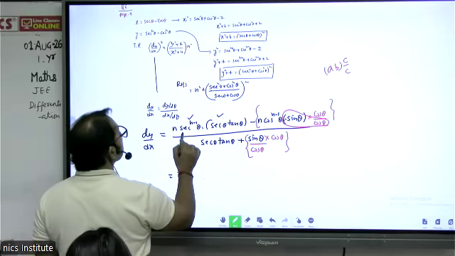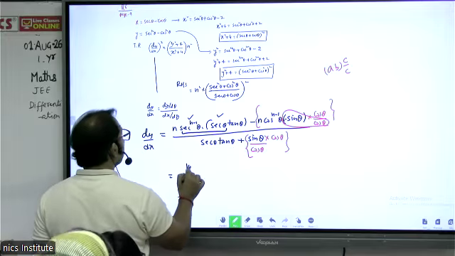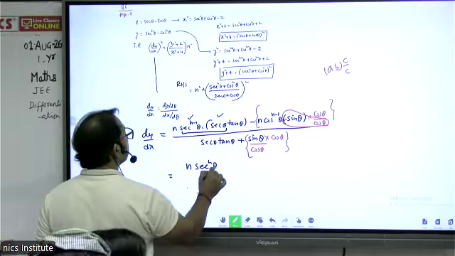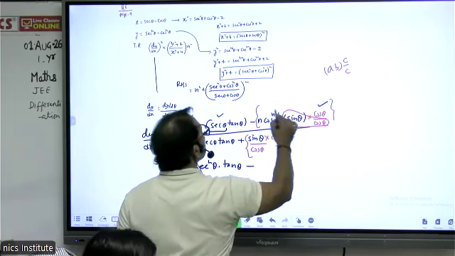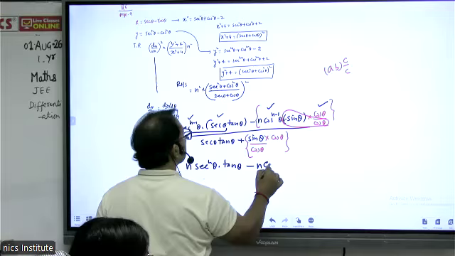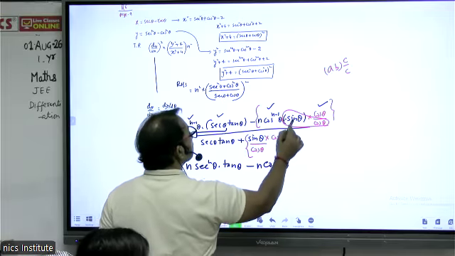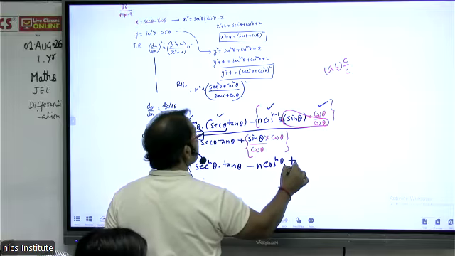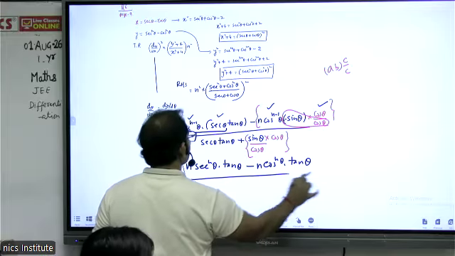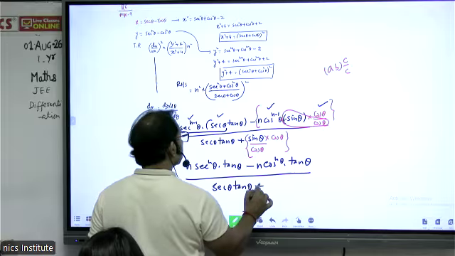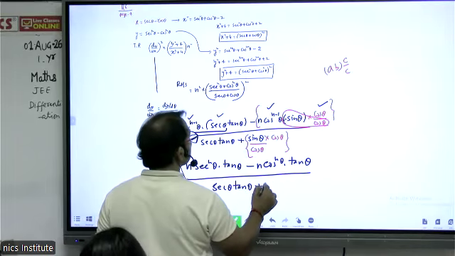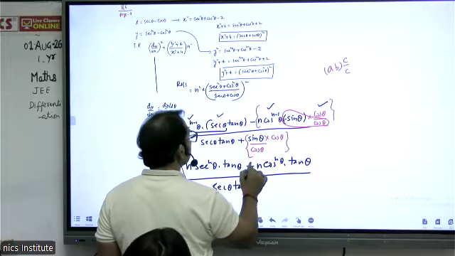So this into this will be n sec to the power n theta tan theta. This into this would be n cos to the power n theta. Sin by cos will be tan. This is sec theta tan theta plus this; minus minus becomes plus.